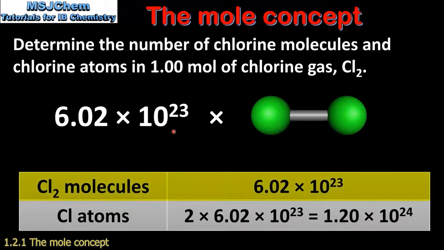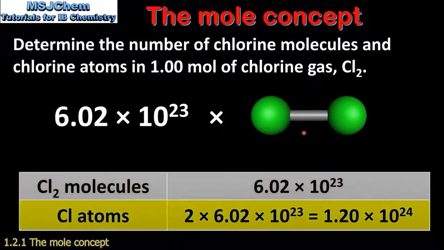So in 1 mole of chlorine gas, we have 6.02 times 10 to the 23 molecules of chlorine. In terms of chlorine atoms, we have 2 times the Avogadro constant. This is because 1 molecule of chlorine consists of 2 chlorine atoms. So in 1 mole of chlorine gas, we have 1.20 times 10 to the 24 chlorine atoms.